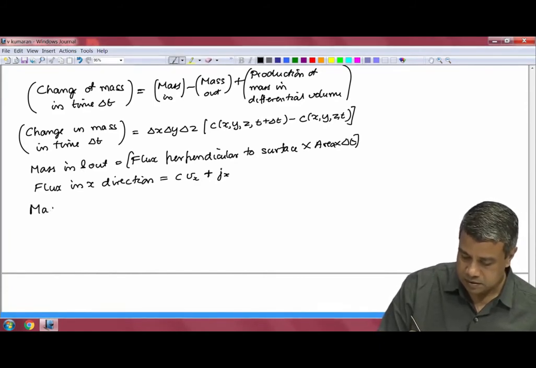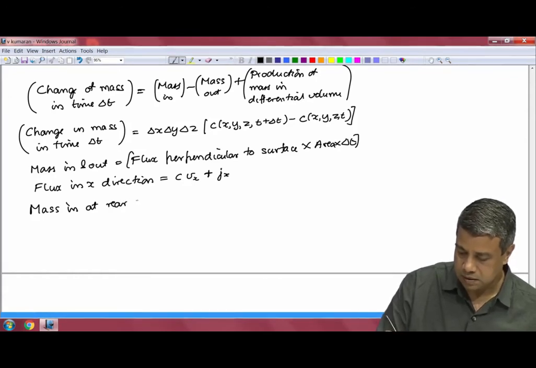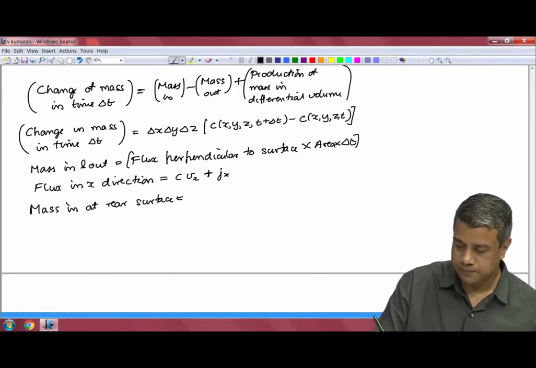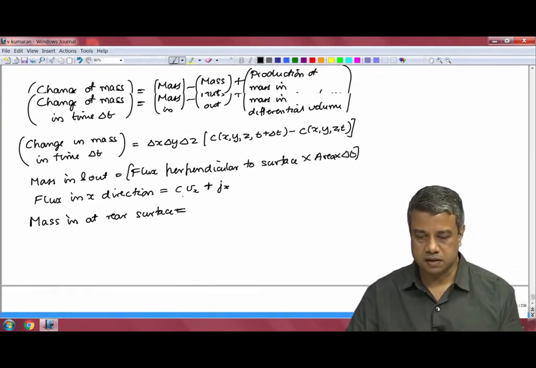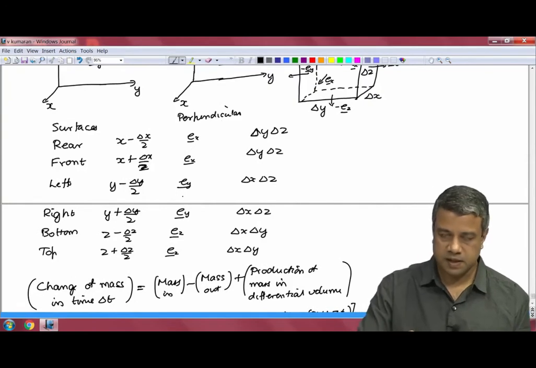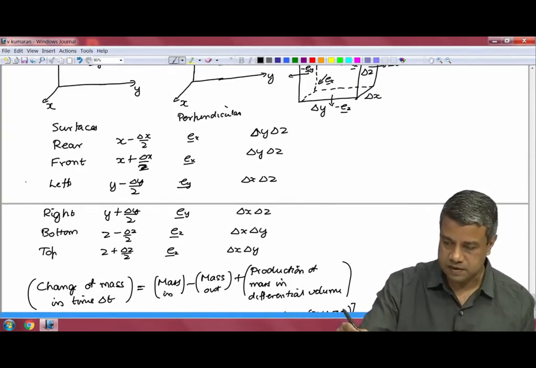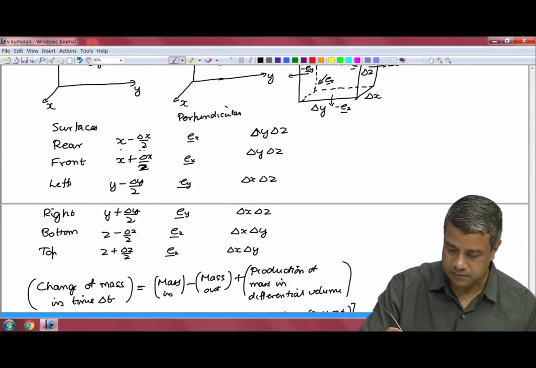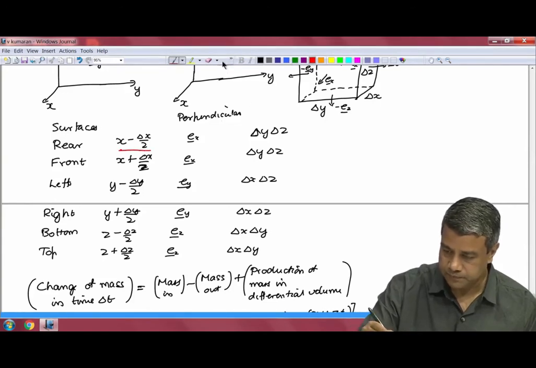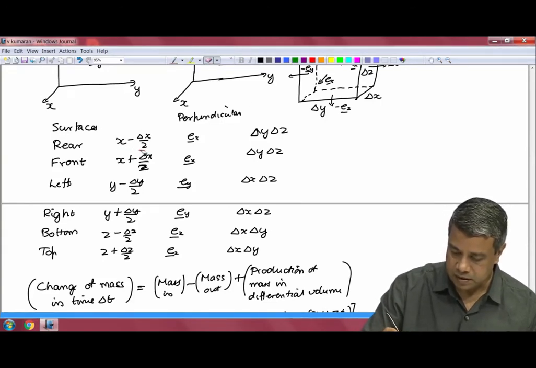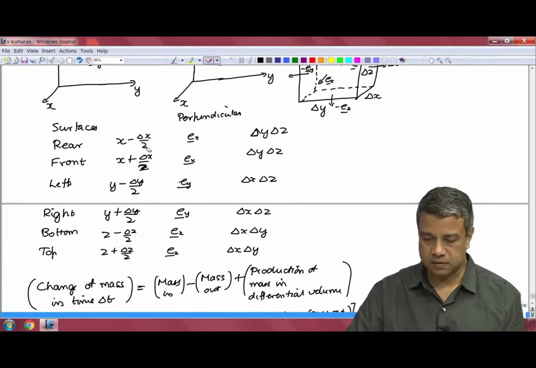So, mass in at rear surface. Recall that the rear surface is at x minus delta x by 2, and the surface area of that rear surface is delta y delta z.